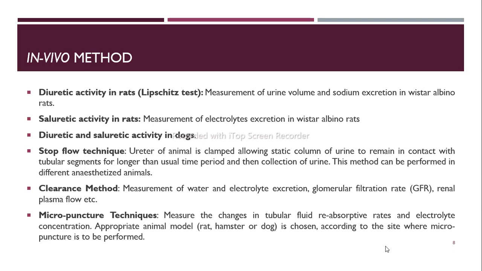Okay. Then the next method is the stop flow technique. The ureter of the animal is clamped, which allows a static column of urine to remain in contact with the tubular segment for longer than the usual time period, and then the urine is collected. This method can be performed in different anesthetized animals.